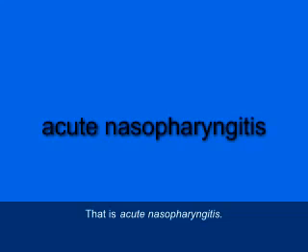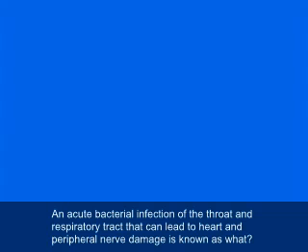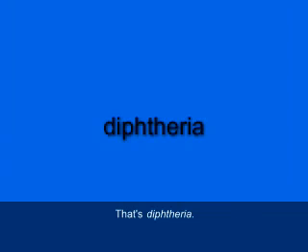Acute nasopharyngitis. An acute bacterial infection of the throat and respiratory tract that can lead to heart and peripheral nerve damage is known as what? Well, that's diphtheria.